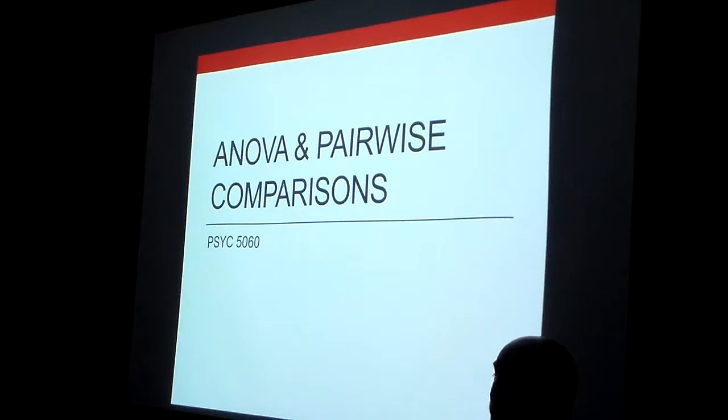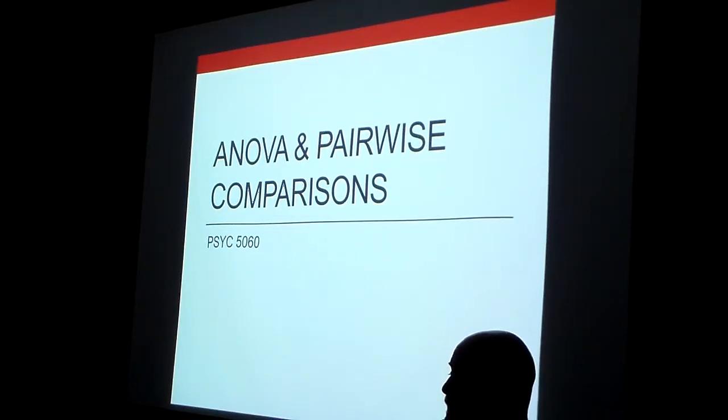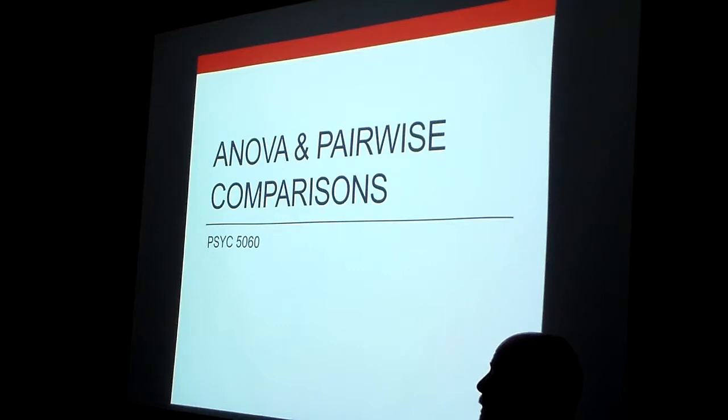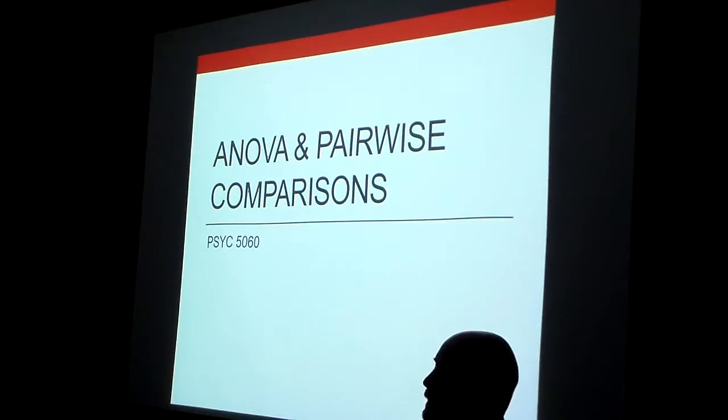All right. So this is really, like I said before, kind of the last thing we're going to be talking about in terms of this semester. We're going to go through ANOVAs, one-way ANOVAs, and then finish up with factorial ANOVA. So we're kind of, again, on the downside.